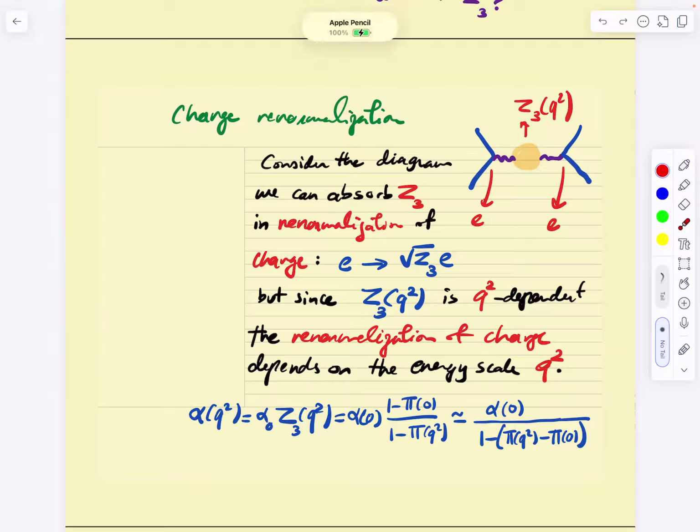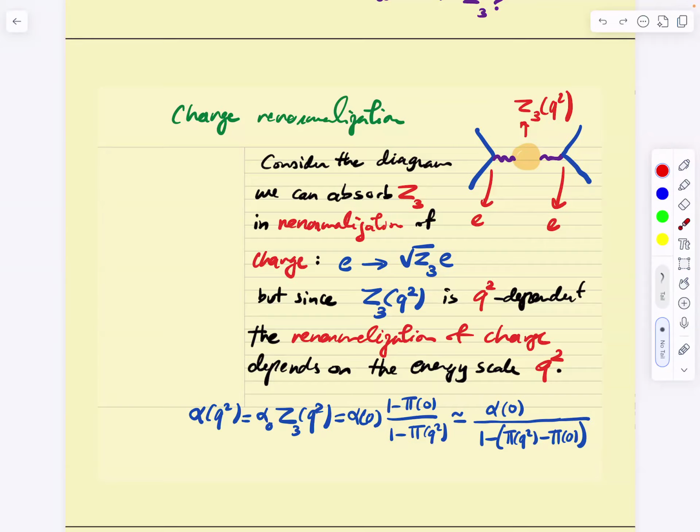Let me summarize again what happened. Recall the idea of normal perturbation theory: you renormalize at a certain scale. For example, we normalize the photon propagator at zero energy, because we wanted to write down the propagator at q squared equal to m_R squared, and m_R is zero, so we renormalize at q equals zero.